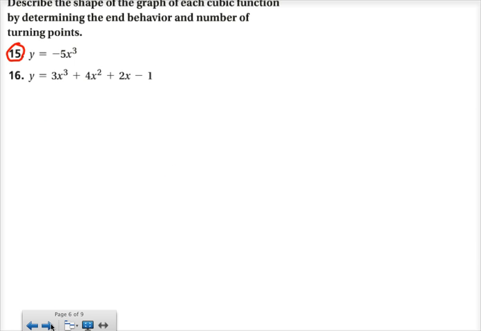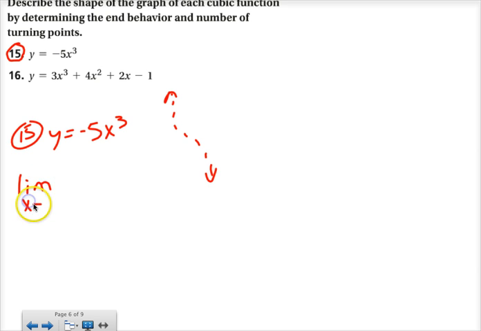Number 15 says, describe the shape of the graph of each cubic function by determining the end behavior and the number of turning points. And 15 is y equals negative 5x to the 3rd. So this is a cubic, but because it has a negative leading coefficient, it's going to look like that. So end behavior, limit as x approaches infinity, our graph f of x is going where?